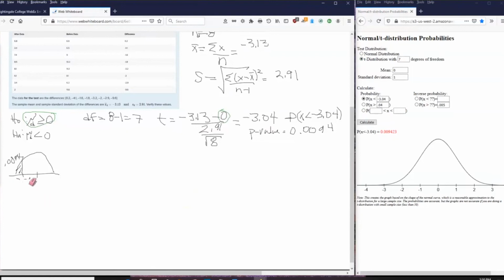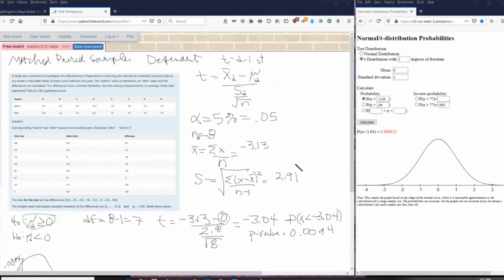So this point here for my mean is my minus 3.13, and then for my t-score, that same spot for t-score is minus 3.04. So then let's go back here to our p-value. Now we've got a t-score and a p-value.